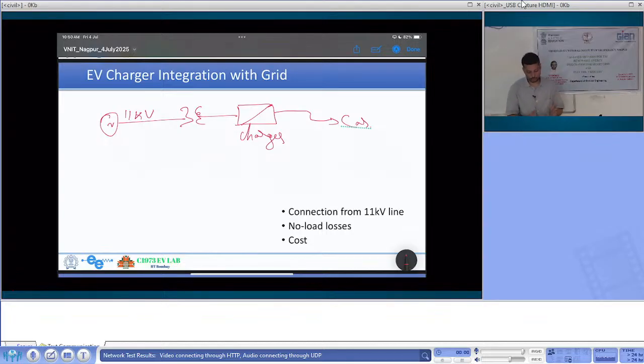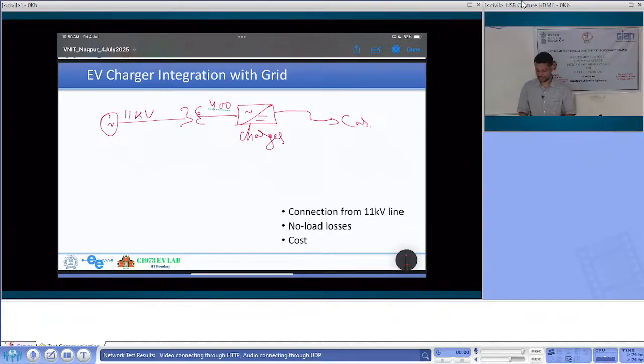So what you would do is take that 11 kV, install a transformer, install circuit breakers, then take that voltage and supply it to the charger, which is power electronic equipment that converts this 400 volt AC into DC voltage depending on how much voltage your car requires, right? So if you are charging a Nexon, let's say, it will convert it into 500 volt or close to 500 volt and so on.